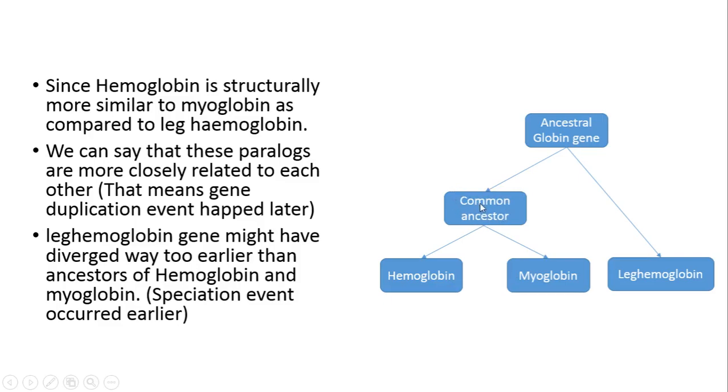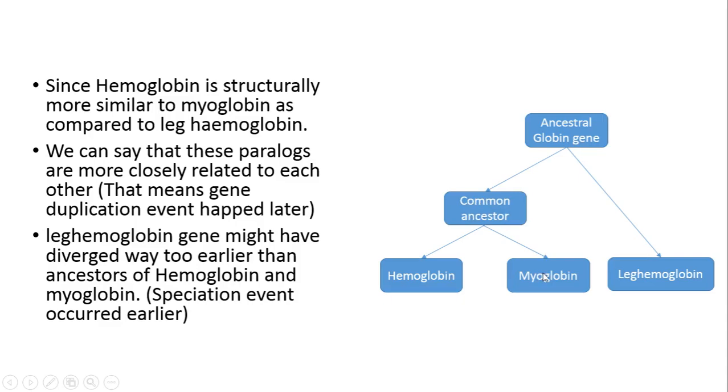This would mean that such a gene duplication event that gave rise to hemoglobin and myoglobin might have happened later as compared to the speciation event. So this leghemoglobin gene might have diverged way earlier than the ancestor of hemoglobin and myoglobin.